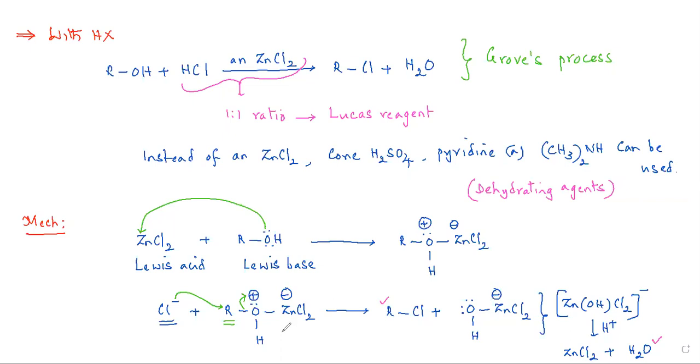So that is how we got the alkyl chloride and then water. Okay. So the interesting point here is the carbocation intermediate.